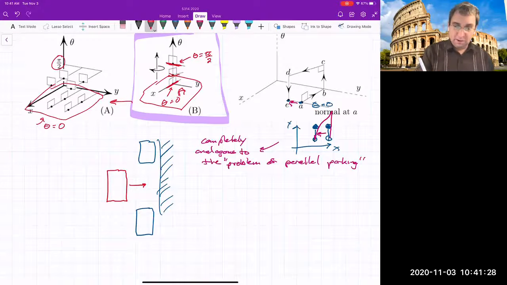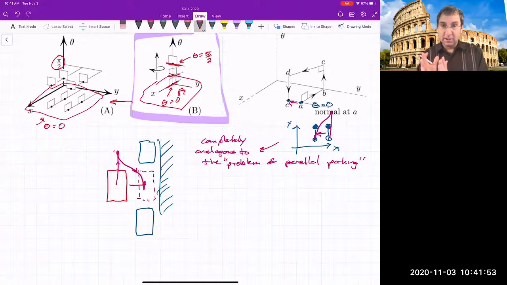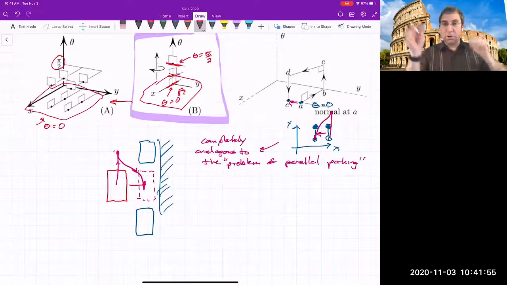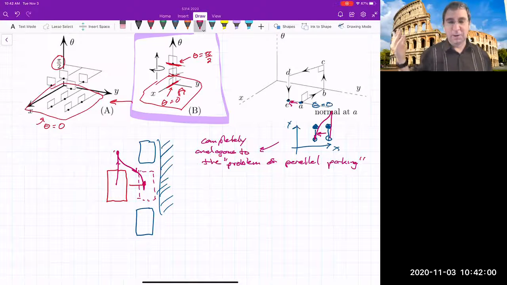I have to go forward, and then stop, and then go backward, with a bit of a turn, and then maybe adjust a little bit so that I can get my car here. So yes, I can go sideways, but I have to do this sort of strange motion in velocity space to achieve it, which you're not thinking about when you parallel park.